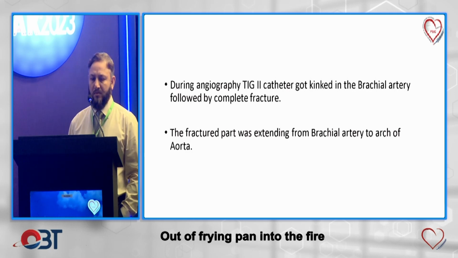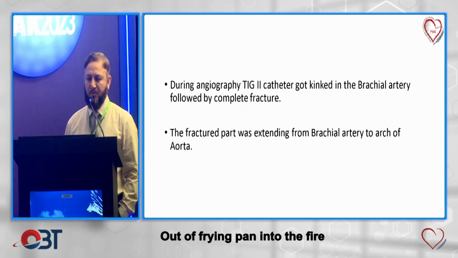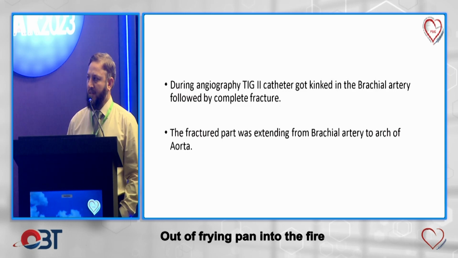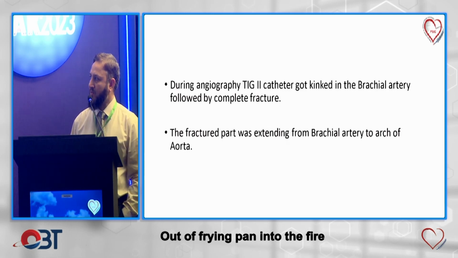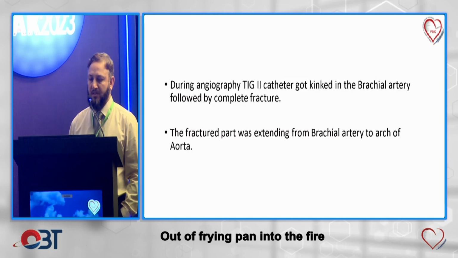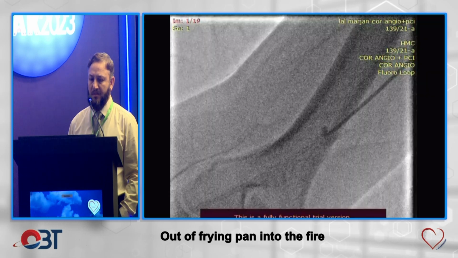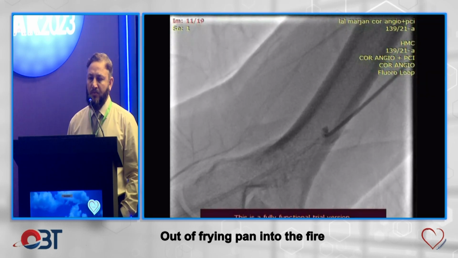So from a simple procedure like coronary angiography, we ended up in an emergency, and at this time we were thinking about what to do next for this patient. This is a fluoro loop.